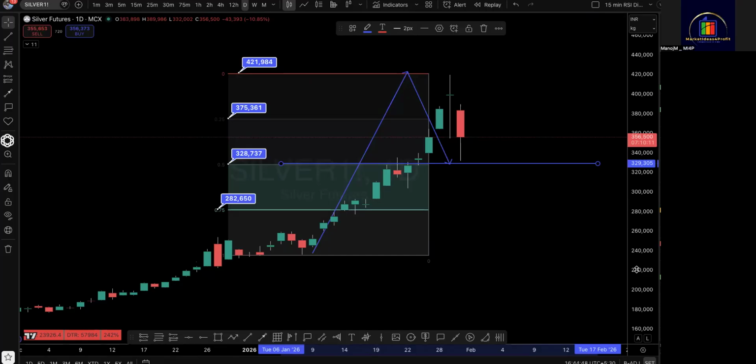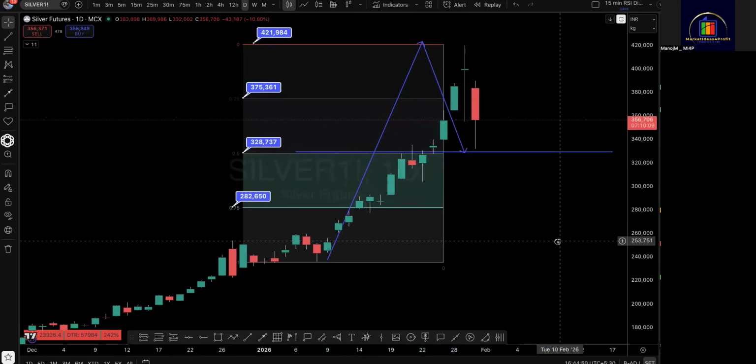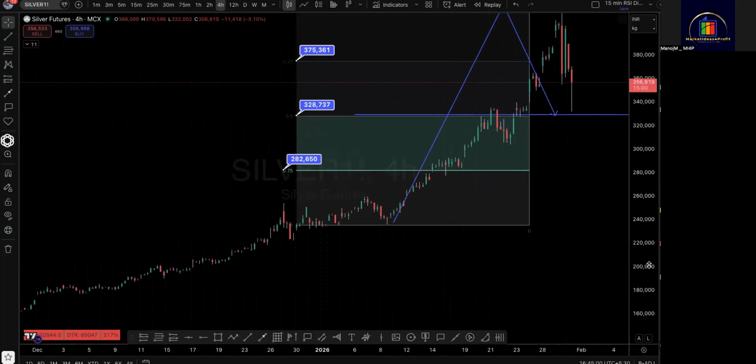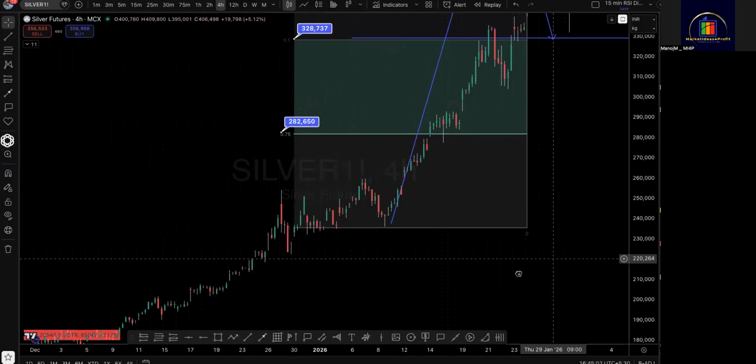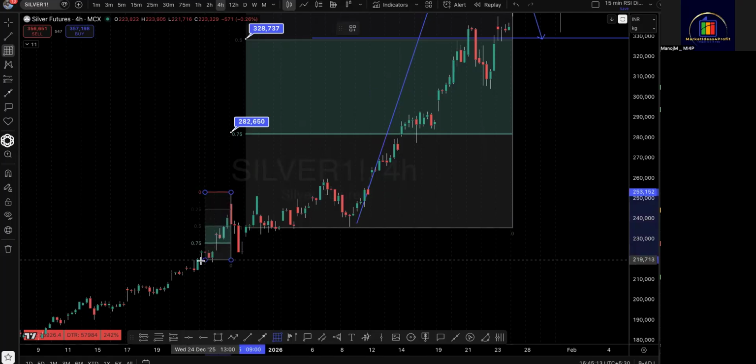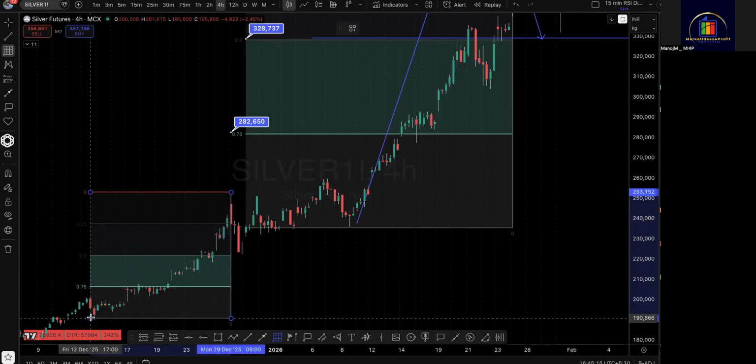Let us break this down into smaller parts. I'm going to take this chart to a lower time frame and show you how the theory of 50% works so beautifully. So I've broken the time frame, I've gone lower. Now, see how beautifully the chart moves. I would consider this as a swing high and this as a swing low, right?